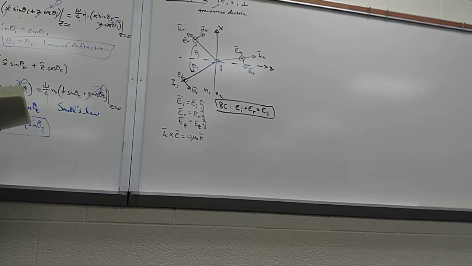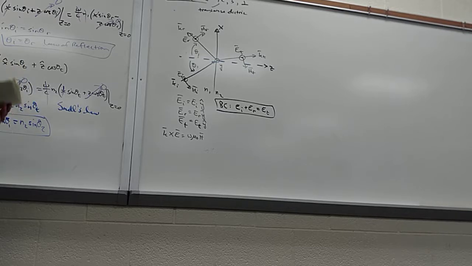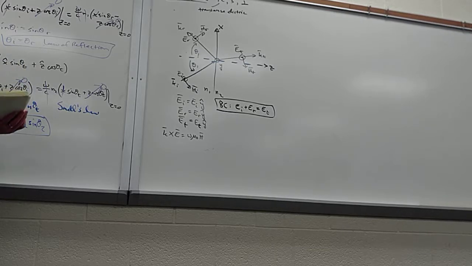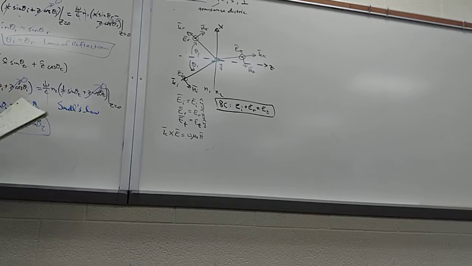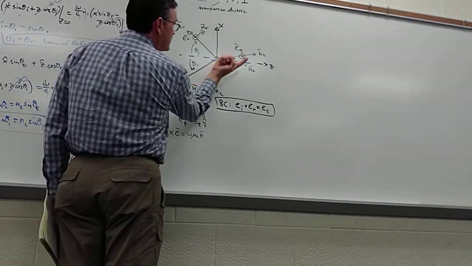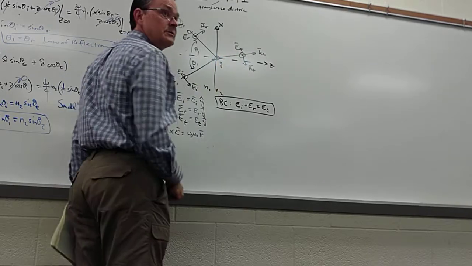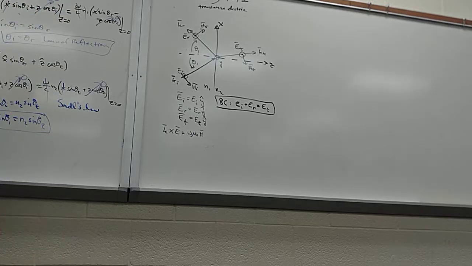How do you see that the direction of H sub T should be downward instead? Because of this, so this finger in K sub T, this finger in E sub T, then my thumb is in H sub T. Yeah, for the cross product.